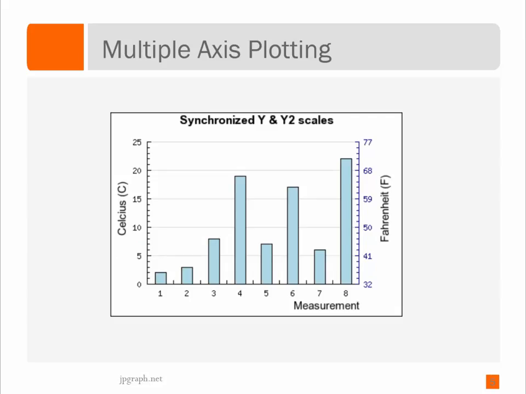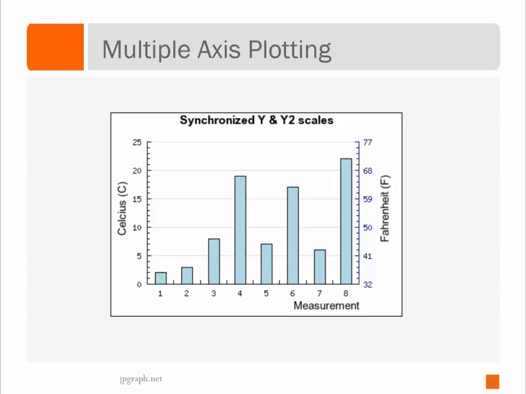So here's an example of multiple axis plotting. Somewhat similar to the previous, but in this one we have 8 unique measurements that we've represented in terms of a bar chart. So we took these 8 different measurements, measurement 1, measurement 2, etc. through measurement 8.